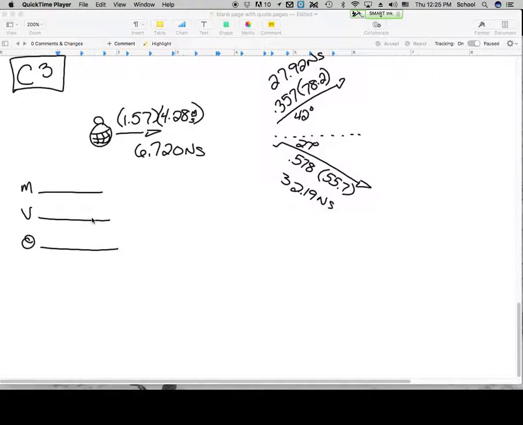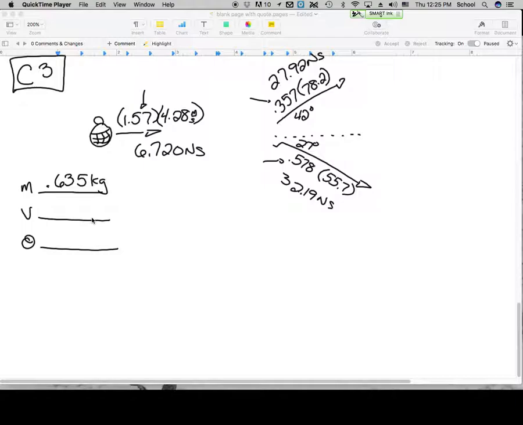Yeah, this is the total mass, and I have this chunk of mass and that chunk of mass, so all I would have to do is subtract those. So 1.57 minus 0.357 minus 0.578 gives me 0.635 kilograms. So that was really tough, right?